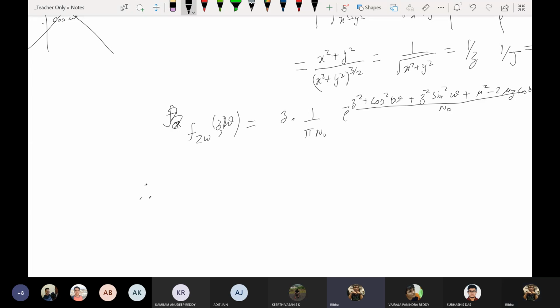So therefore f of v, theta given s equals z square cos square w plus z square sin square w turns to z square, that is v square, plus E minus 2 E v cos theta, right? Yeah, 2 root E v cos theta. Yes. Fine.